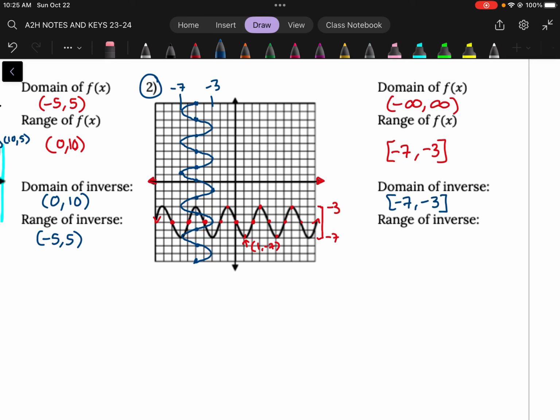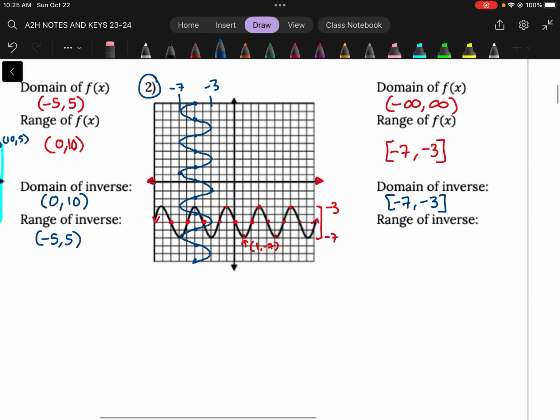And the range this time goes all the way up to infinity and down to negative infinity, which matches the domain of f of x. But we've seen before, the blue relation is most certainly not a function.